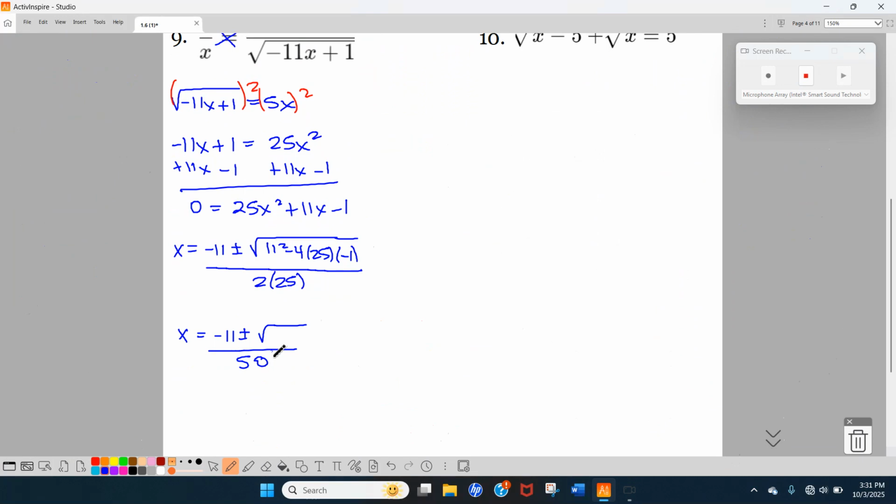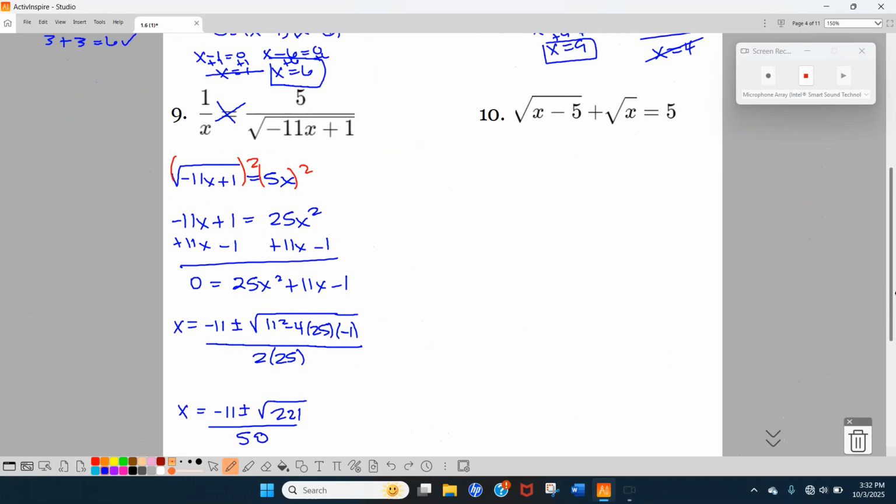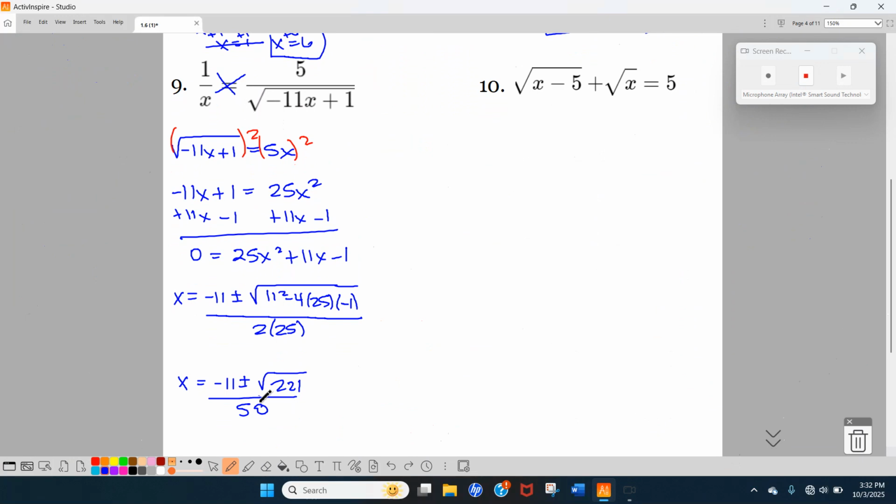All right, so 11 squared minus 4 times 25 times negative 1 is 221, which still doesn't simplify. So for an exact answer, this is it, but that's 2 different answers. Or we can get a couple of decimal points for it if they want decimals.